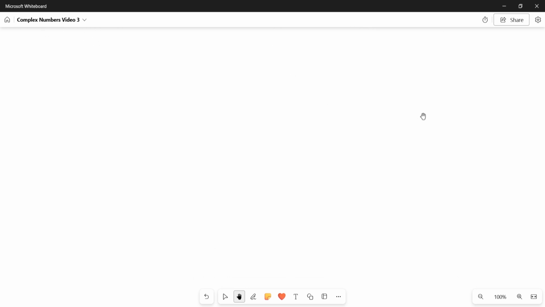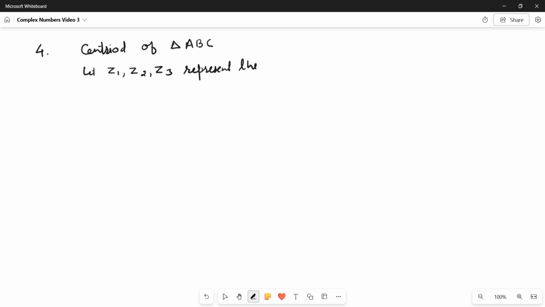Now the fourth formula is the centroid of a triangle ABC. Let Z1, Z2, Z3 represent the vertices of a triangle ABC.